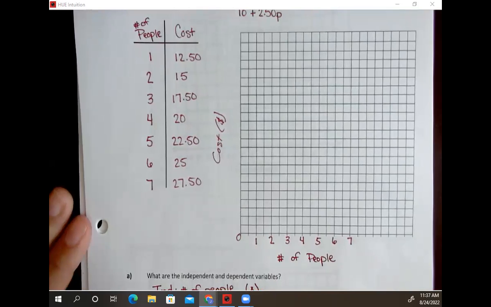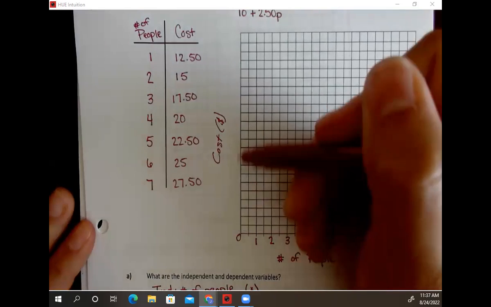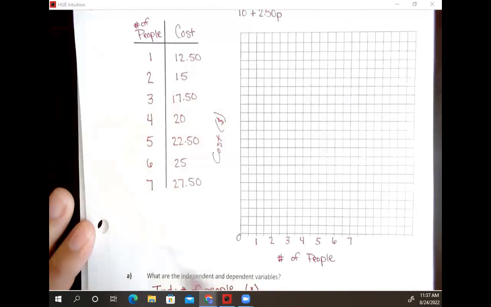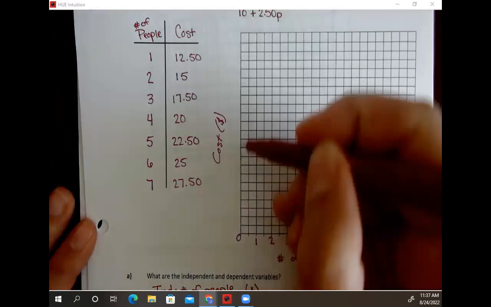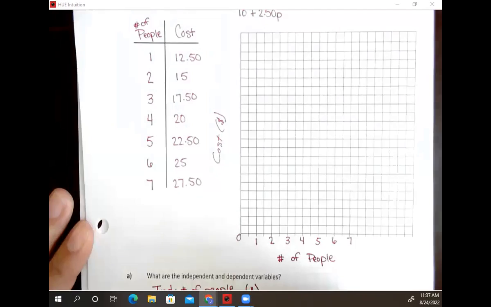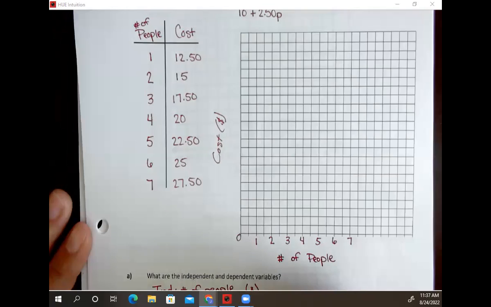And then for cost, I need to evenly space these values, but I also need to make sure I get up to $27.50. So I can't go by individual dollars. I'm going to go by 2s. That way I can make sure everything fits on the graph.